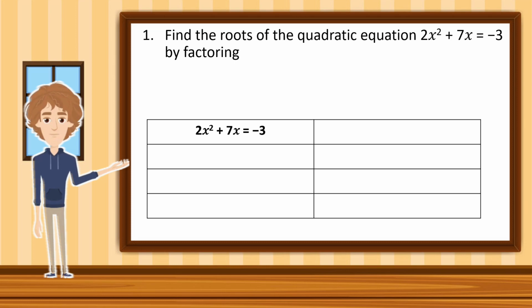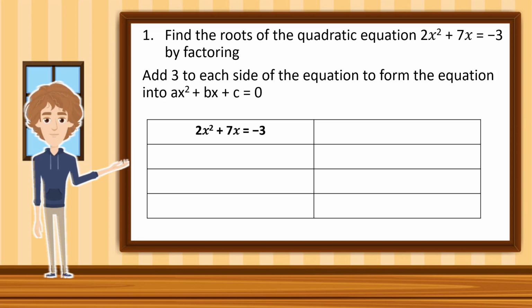Here is an illustrative example of factoring. Number 1. Find the roots of the quadratic equation 2x squared plus 7x is equal to negative 3 by factoring. So we will add 3 to each side of the equation to form an ax squared plus bx plus c is equal to 0 by the use of the addition property of equality.